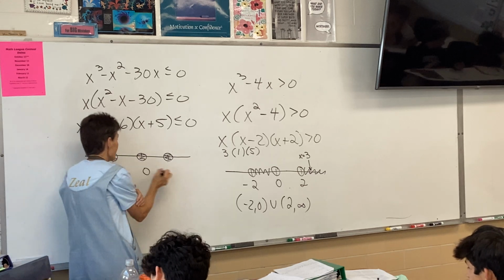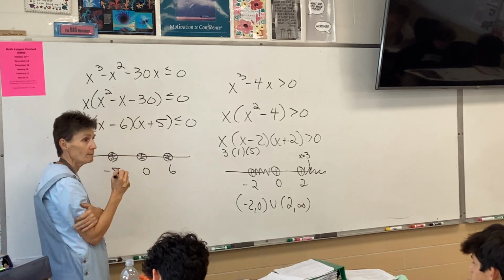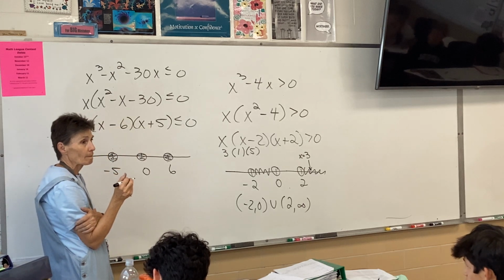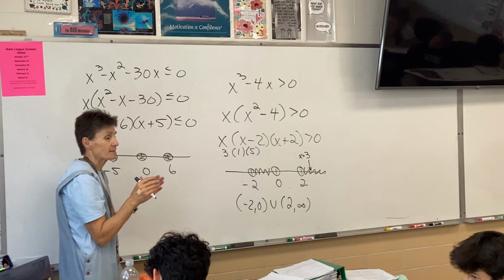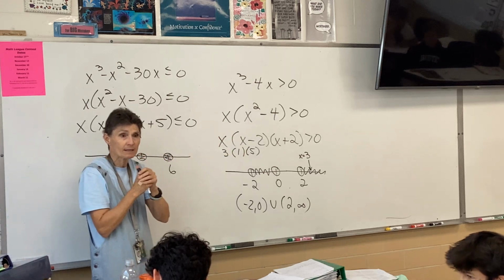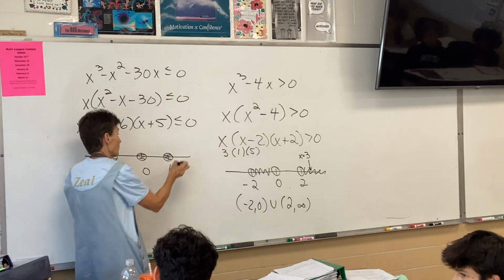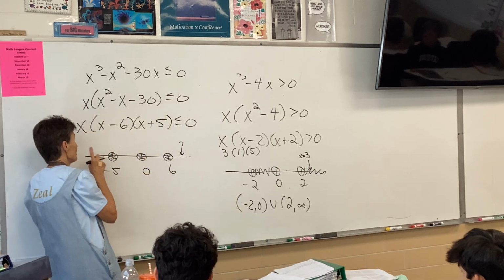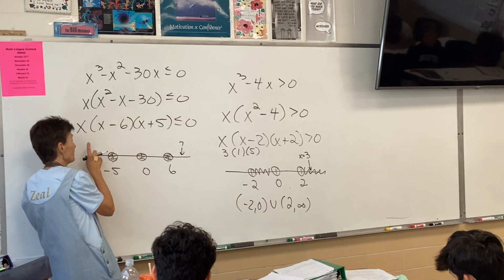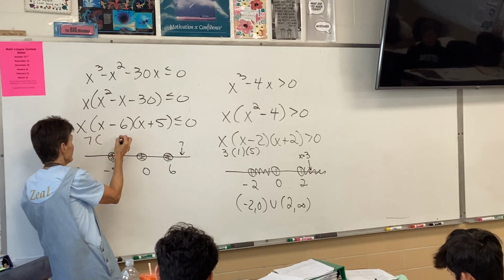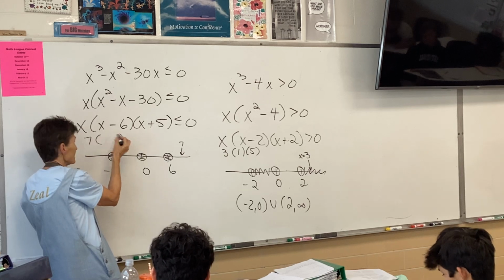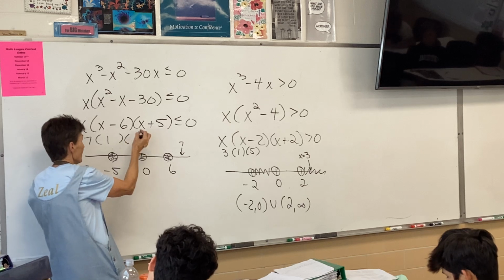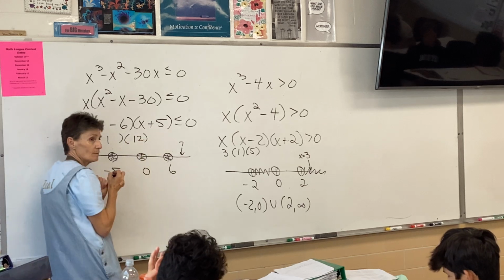So -5, 0, 6 in that order on the number line. Too many dots to do the outside inside thing, so I'm going to have to pick a number. I'll just pick 7. And every time I see an X, I'm going to put a 7. So 7, this parentheses would be 1, and this parentheses would be 12.